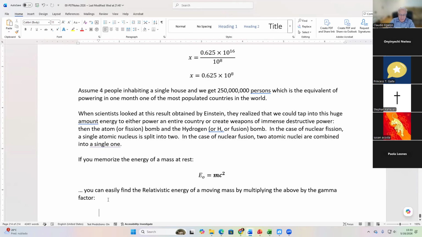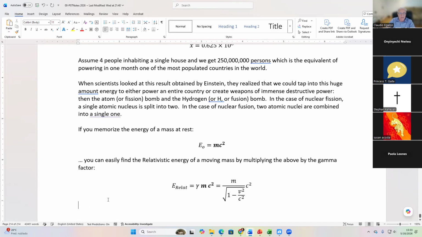It's not difficult to memorize, right? Just memorize mc squared, and you get that the relativistic energy of a moving mass is gamma times m times c squared.